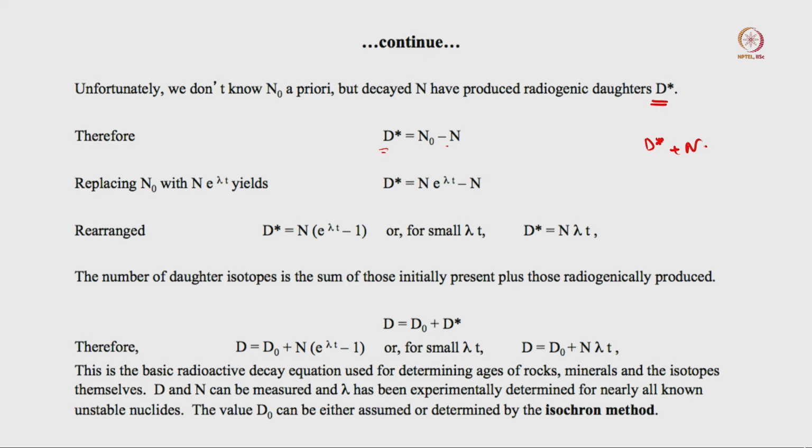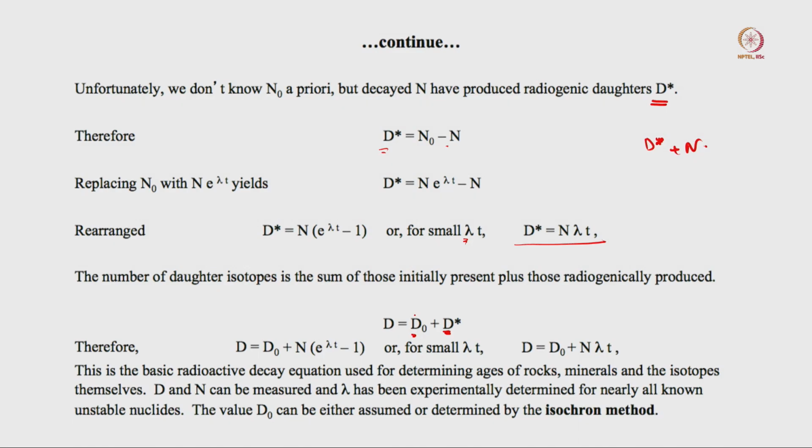Take n in common: e to the power lambda t minus 1, or if it is a very, very small lambda, then it just becomes this. So, if we now measure the number of daughter atoms, it is going to be the initial number of daughter atoms there plus the radiogenically produced daughters.